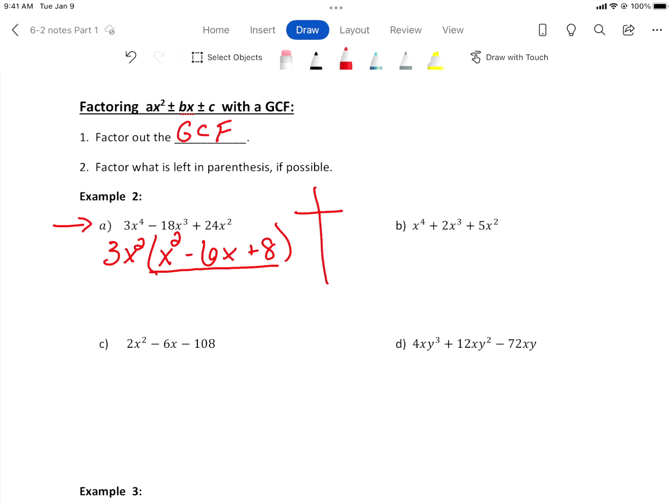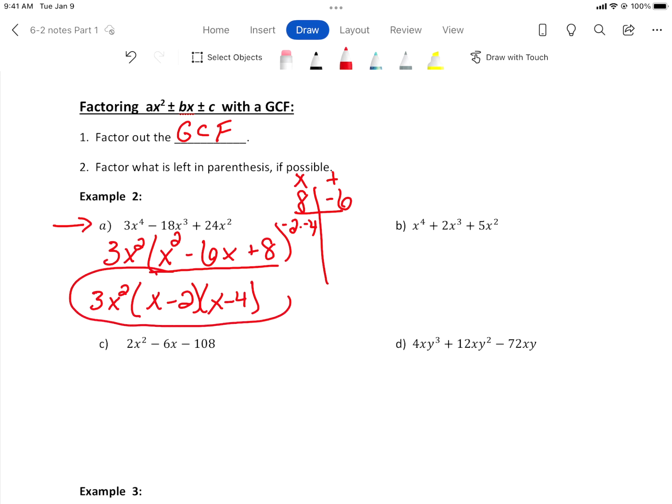What multiplies to give me 8 and adds to give me -6? -2 and what? -4. They multiply to 8, they add to -6. So now when you have your answer, you have to keep what you factored out also. So keep the 3x squared, and then the x minus 2, and the x minus 4. So we're just adding the step of factoring out a GCF.